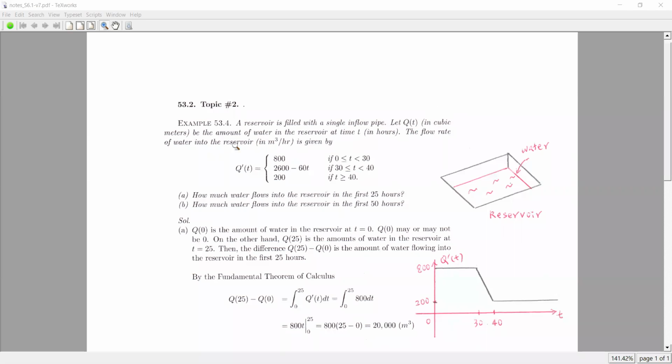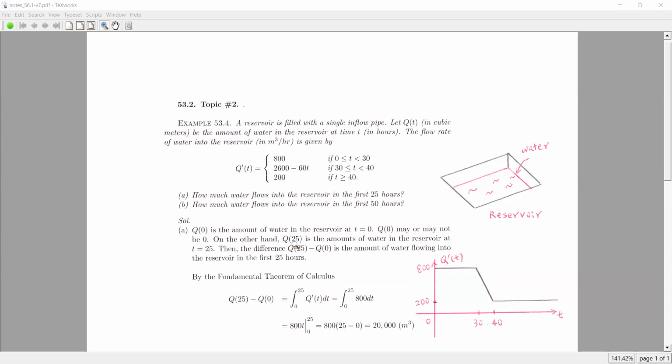Q of t is the amount of water in the reservoir at time t. Q of 0 is then the amount of water in the reservoir at time 0. Q of 0 may or may not be 0. Namely, in the beginning, the reservoir may or may not contain water.